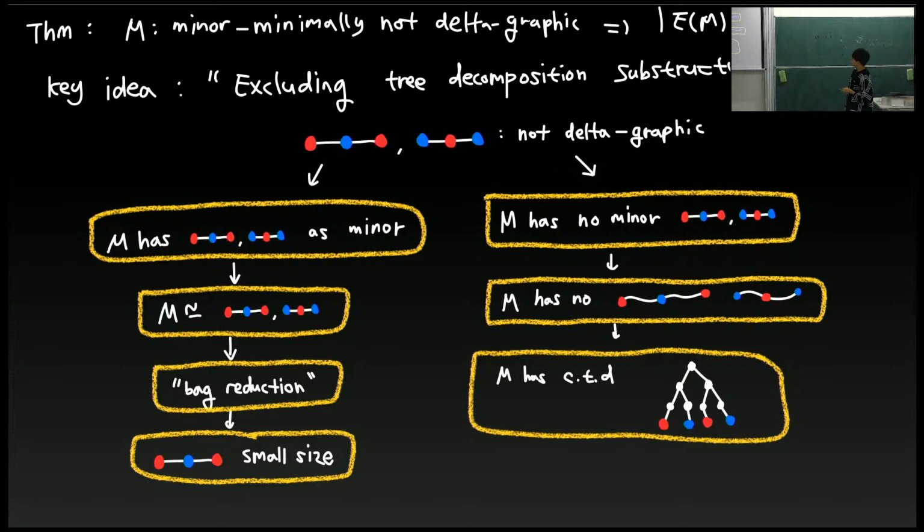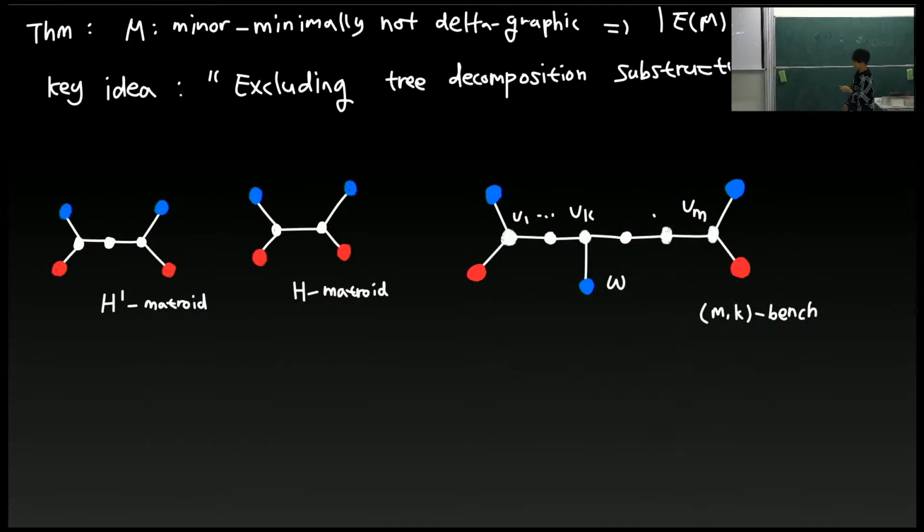So we recursively apply a similar step for more obstructions, H prime matroid, H matroid, MK event. Actually, there is a condition given for each bag for this matroid to be not delta-graphic.